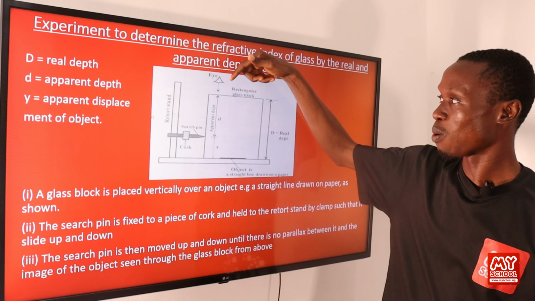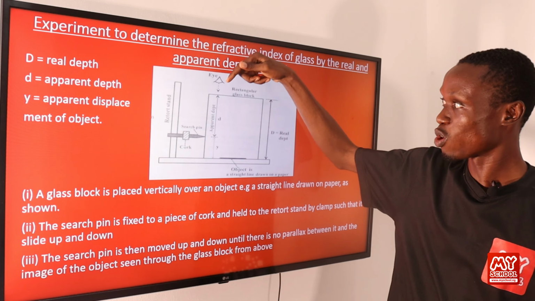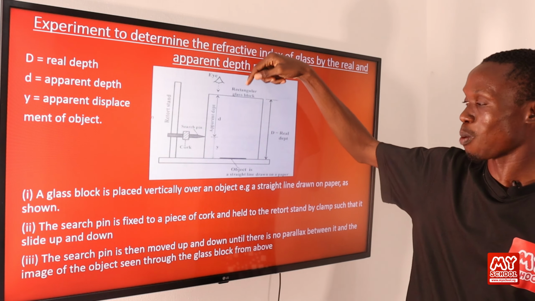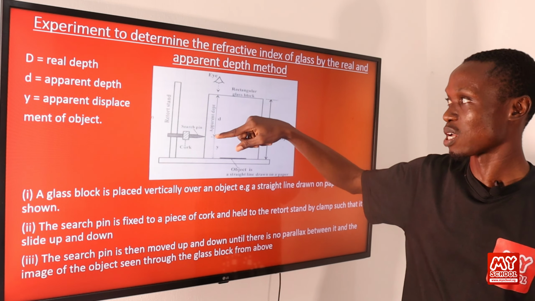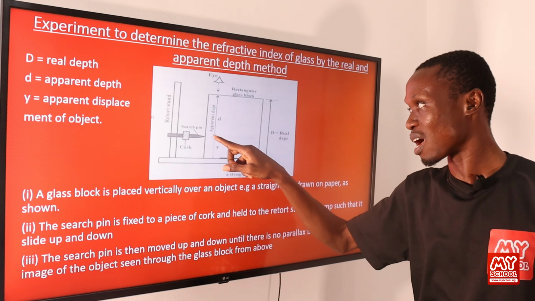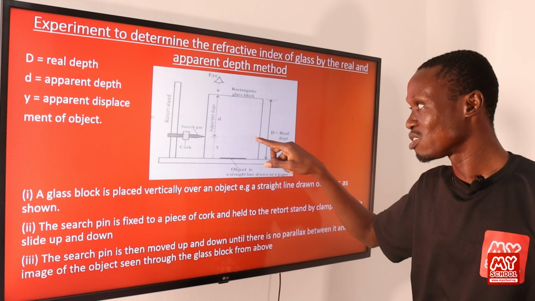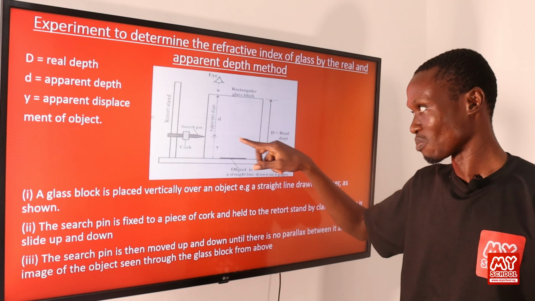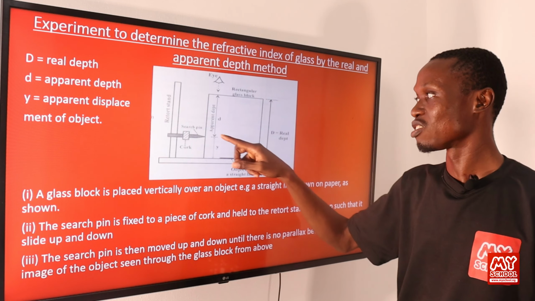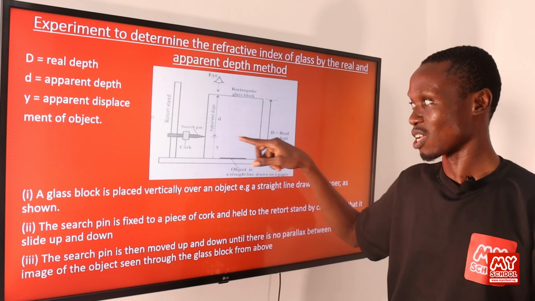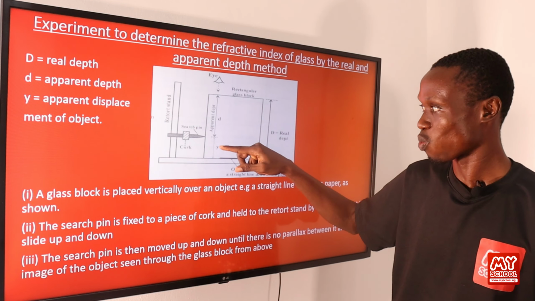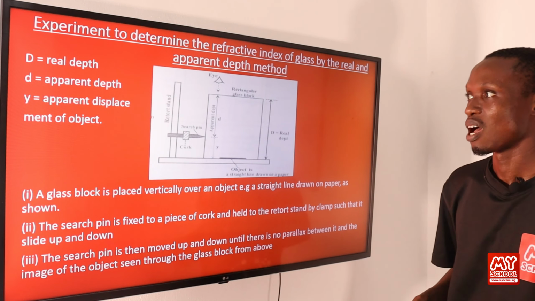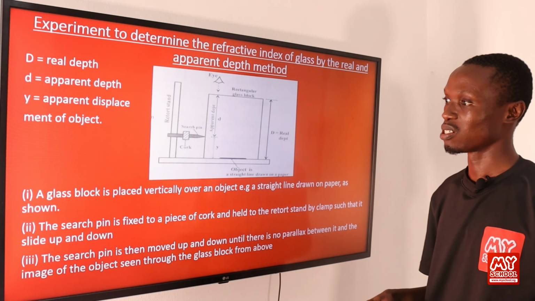As you see the object, the height that you actually see when you view the object from the top of the block is what you refer to as apparent depth. So this place appears as if it's actually the base of this block, or it's actually where this paper is kept. But in reality, this is not where the paper is actually kept. So the distance y here is what you refer to as apparent displacement.